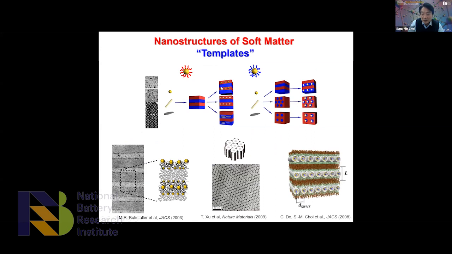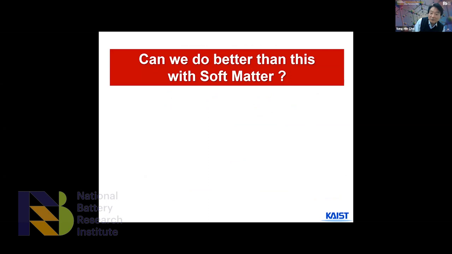The basic concept is to prepare a particle and functionalize it with some molecule which has a specific affinity to a specific region of this template. So the red one goes to the red area, the blue one goes to the blue area. That's the basic concept. So these are the studies people have been doing. Yeah, nicely ordered structures, but not necessarily crystalline structures. It's sort of a well-patterned structure, you may call it. So can we do better than this with soft matter?